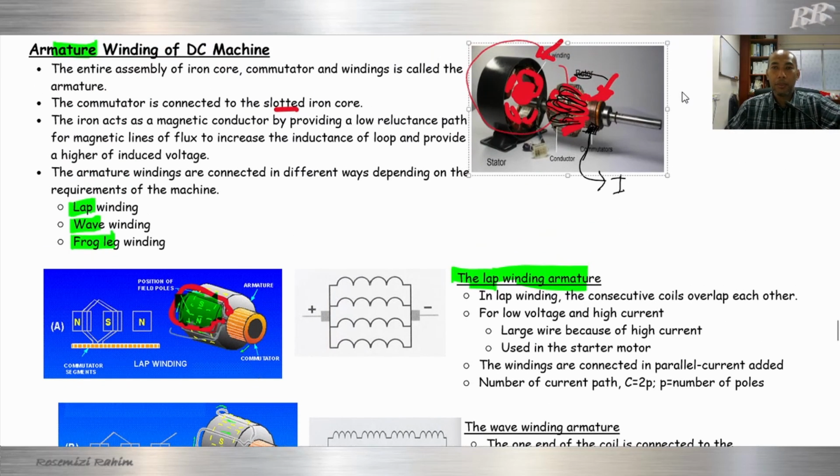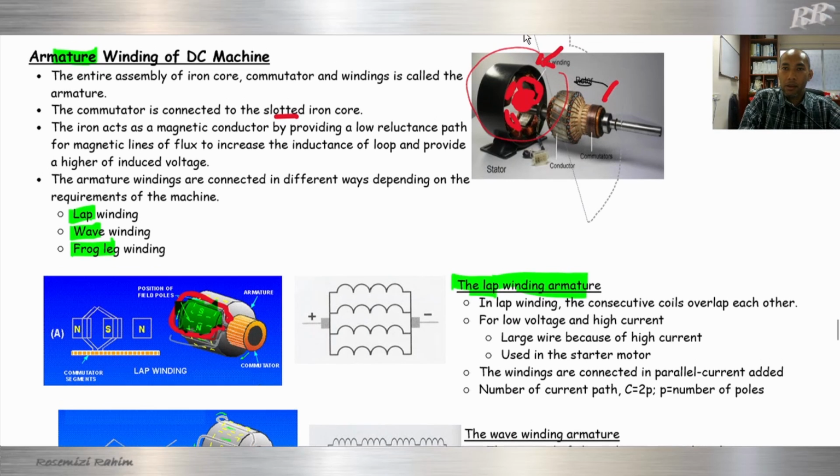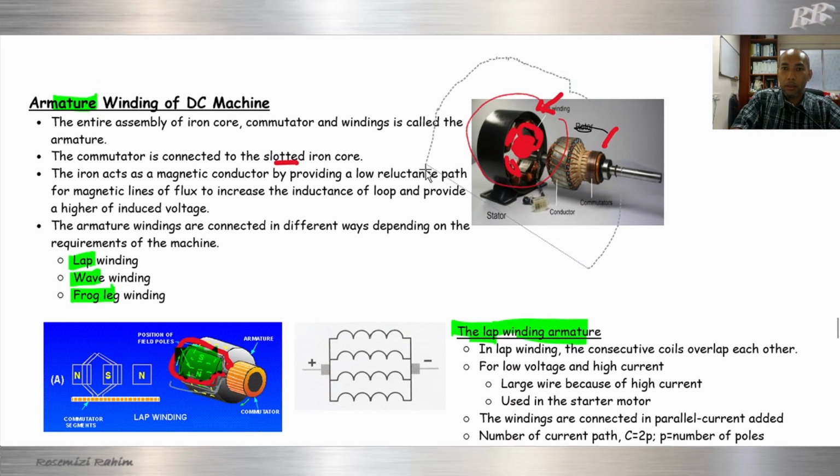Let me show how the lap winding looks. Let's say we use blue color for the first coil.